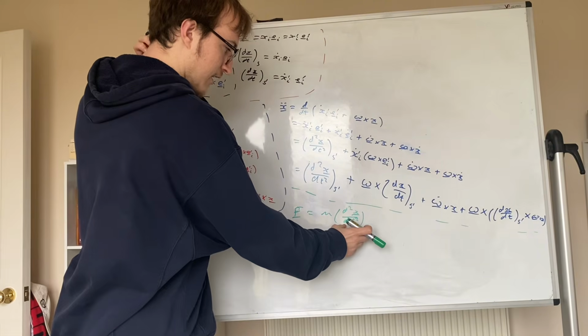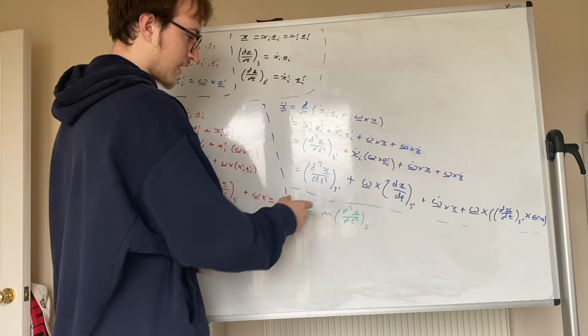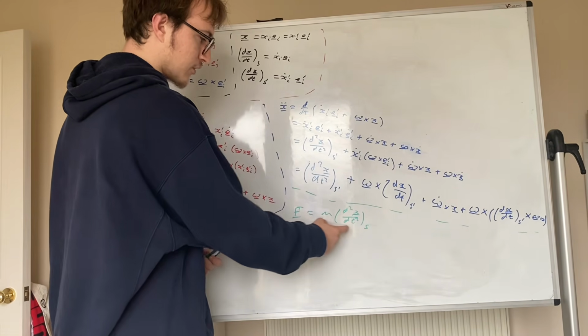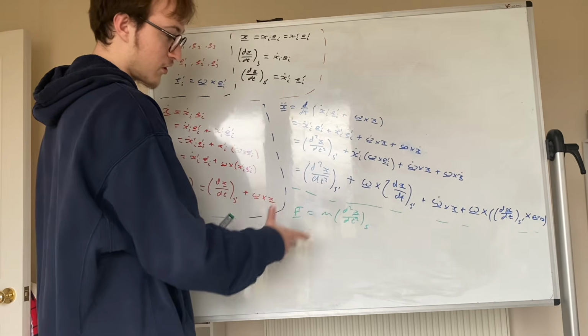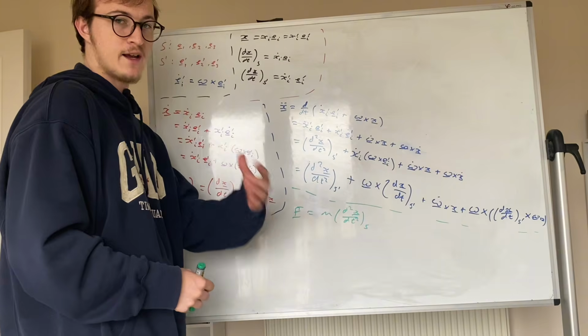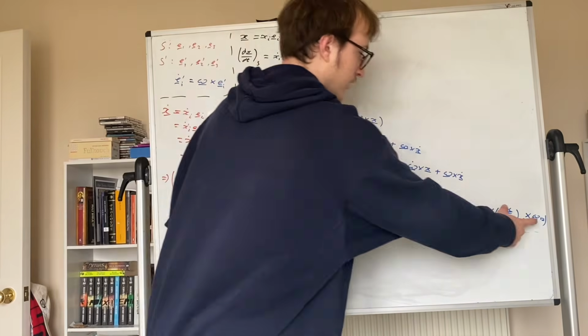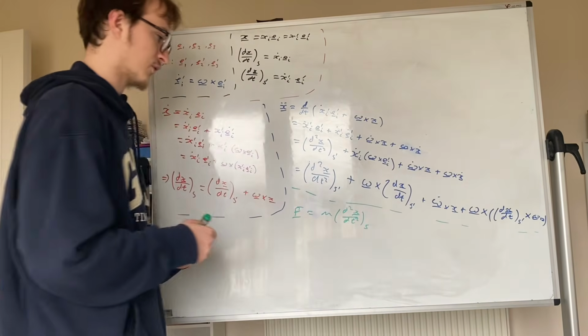Well, if we want to write m times the acceleration in S prime, so ma but in S prime, then we have to subtract all of these things, which are called the fictitious forces.